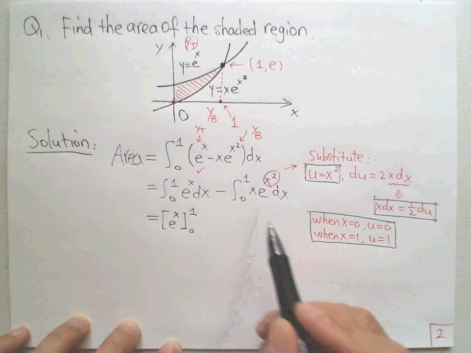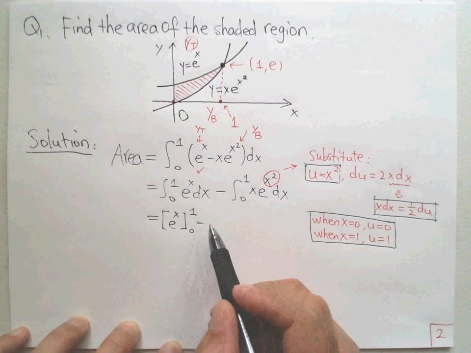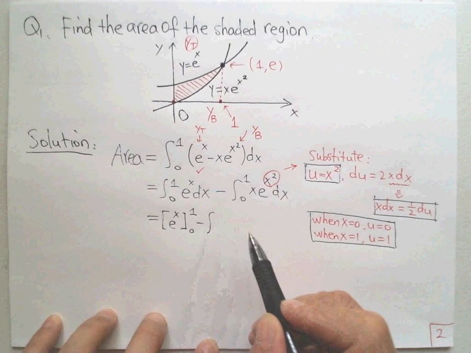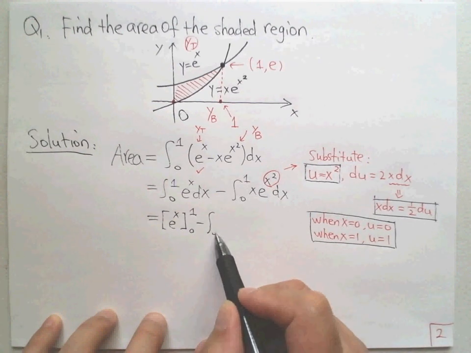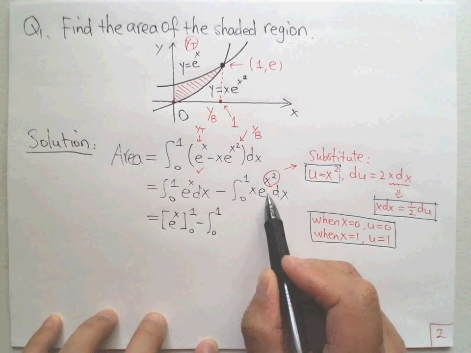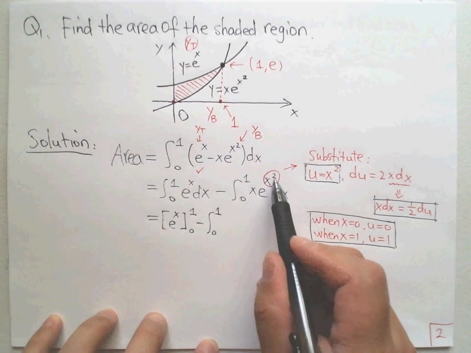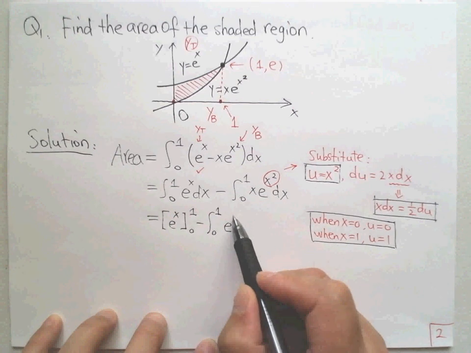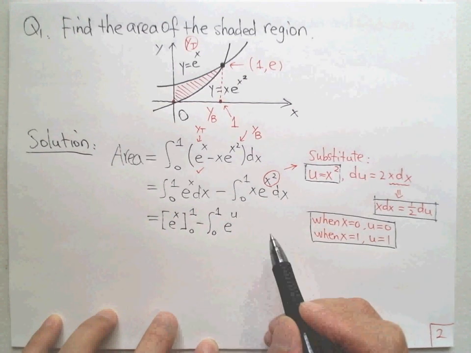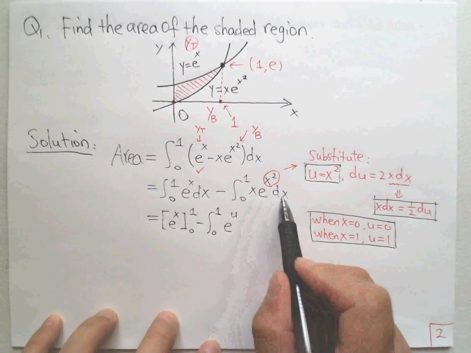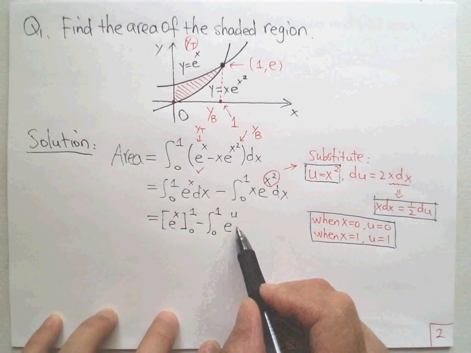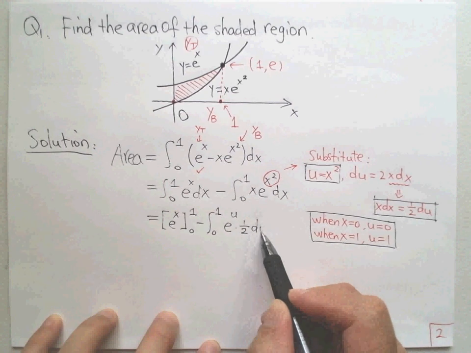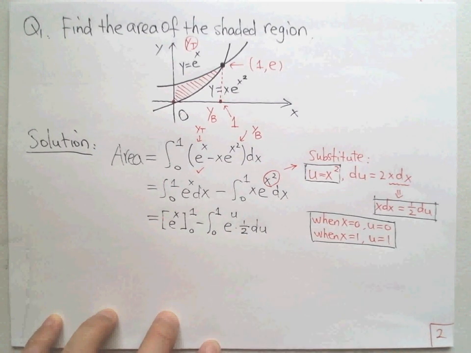The second is the substitution rule: minus the integral from 0 to 1 of e raised to the u, with x times dx being 1/2 du.